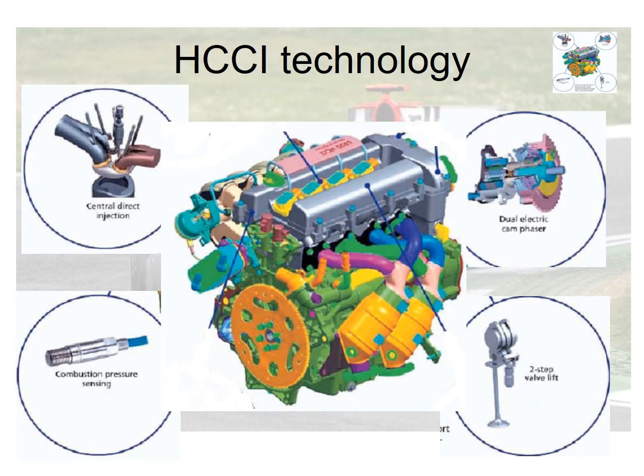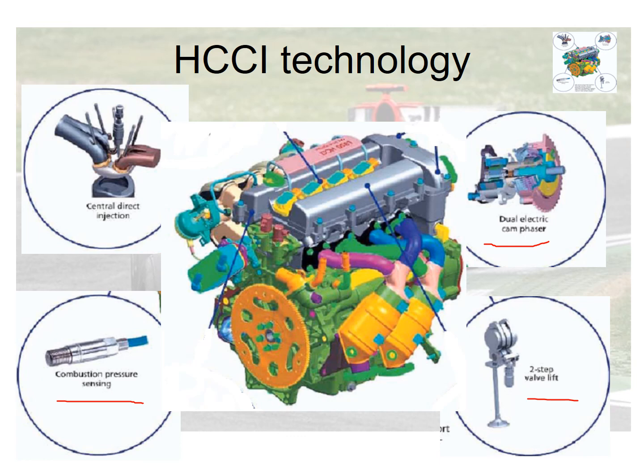Okay, for this kind of engine, we have the technology of dual electric cam phaser. We have two-step valve lift. It can be controlled using different timing, and we also have combustion pressure sensing.